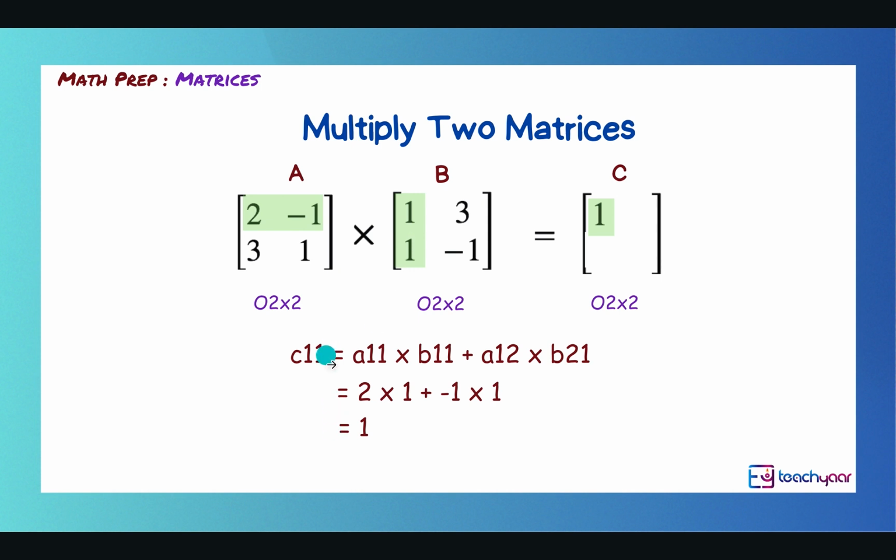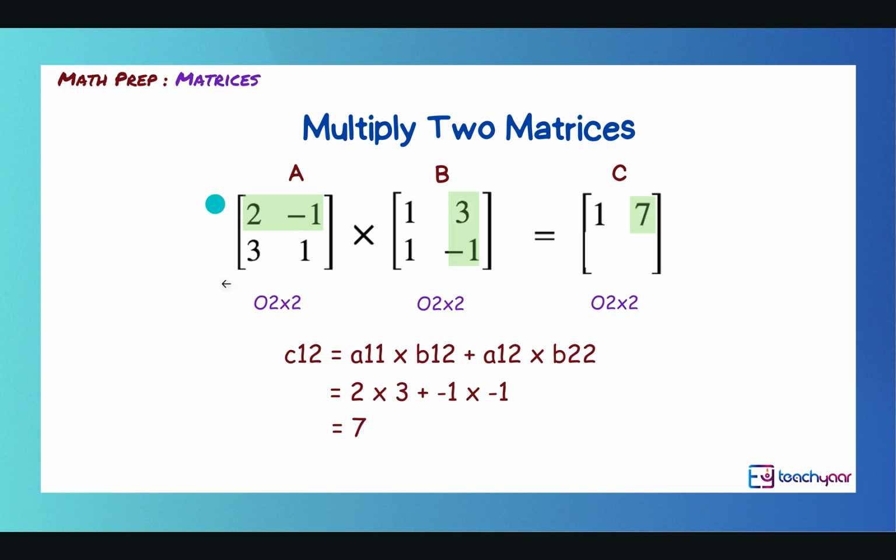So C11 is A11 times B11, which means it's 2 times 1 plus this one, A12 times B21, which is minus 1 times 1. Take the sum of that and you get 1. So C11 is 1. Now C12, same logic.